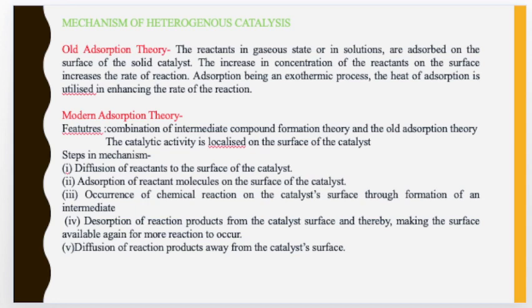And this also defines that the catalytic activity is localized only on the surface of the catalyst. So there are different steps in the modern adsorption theory, but it would be better if we take a look at this picture.